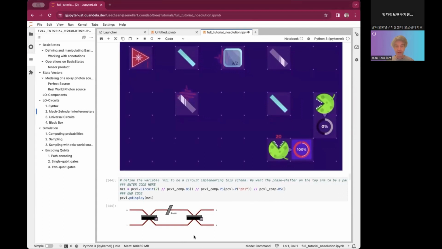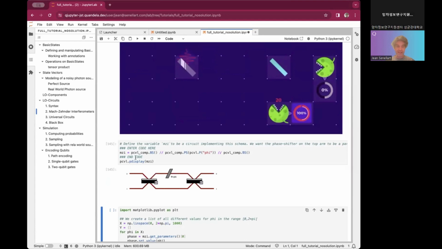On the schematic, we can always redirect the fiber wherever we want. The trick here is that the beam splitter is horizontal, whereas here it's diagonal. So we could even make that a bit shorter, so we don't even need the pcvl.Circuit 2 here. If you do that, it's exactly the same.